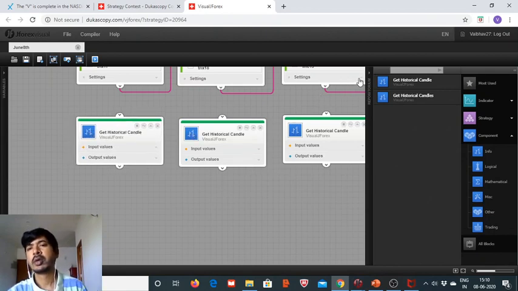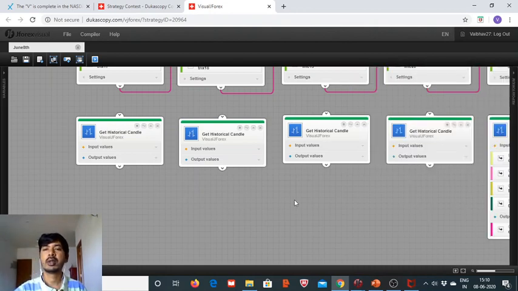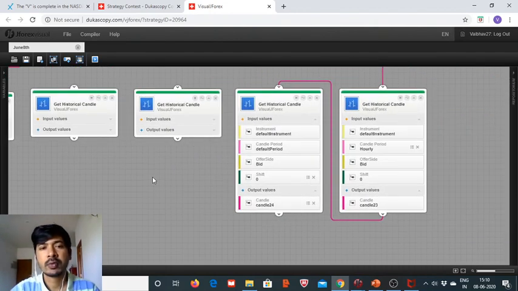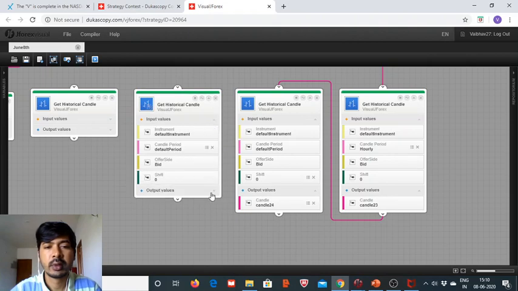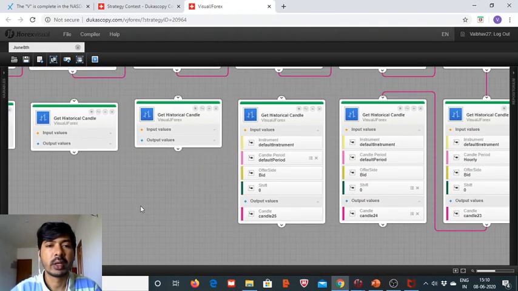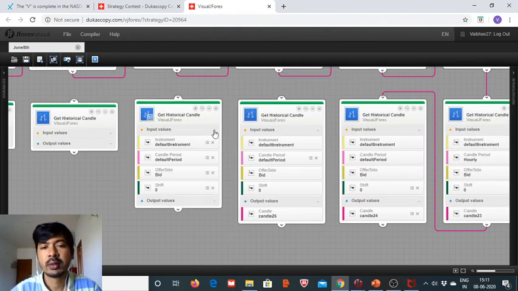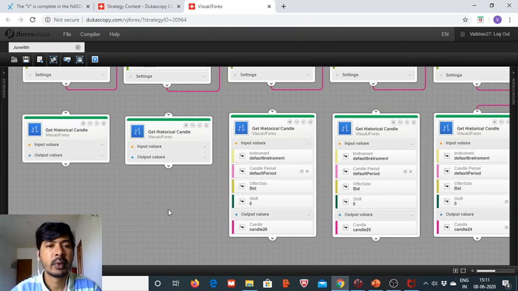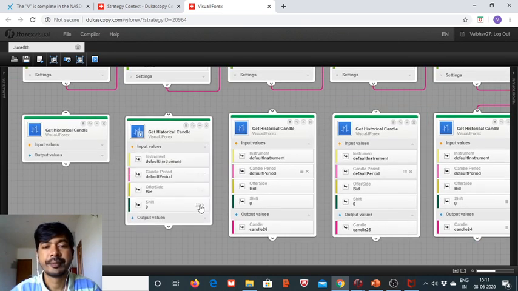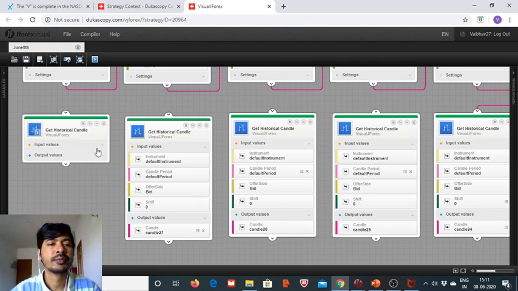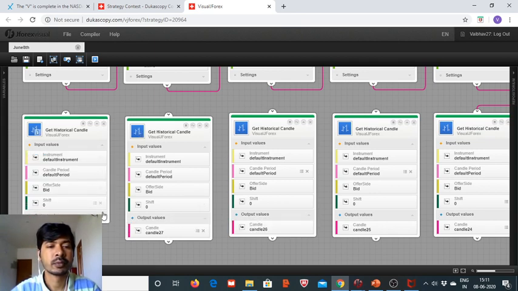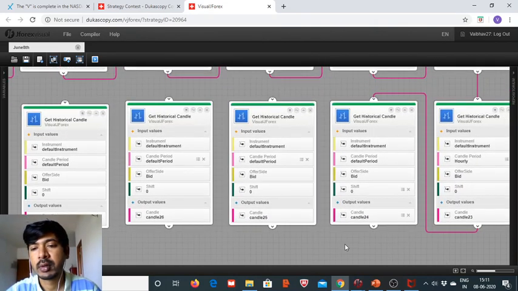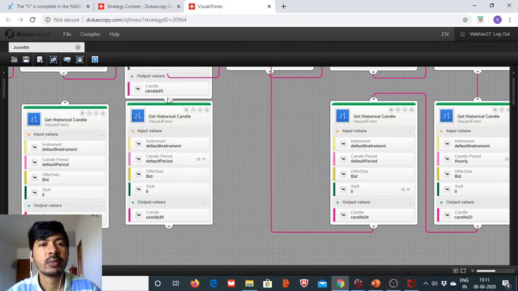So here we have these 4 more historical candles, and here comes the logical flow.